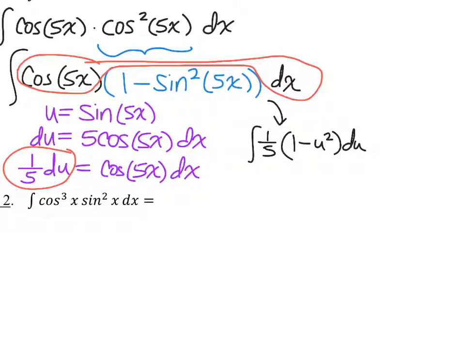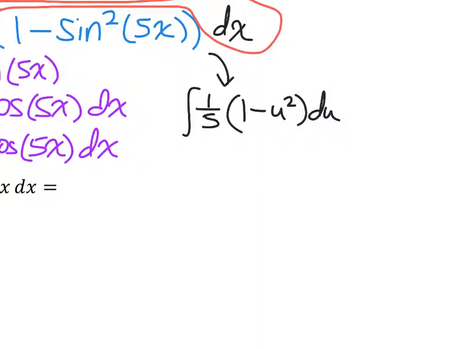You could distribute through the 1/5 or bring it out. It's up to you. I like bringing it in. Honestly, the only reason I bring it in and distribute it through is because I worry that I'll forget about it later on. So if you're not like that, then you don't need to do that.